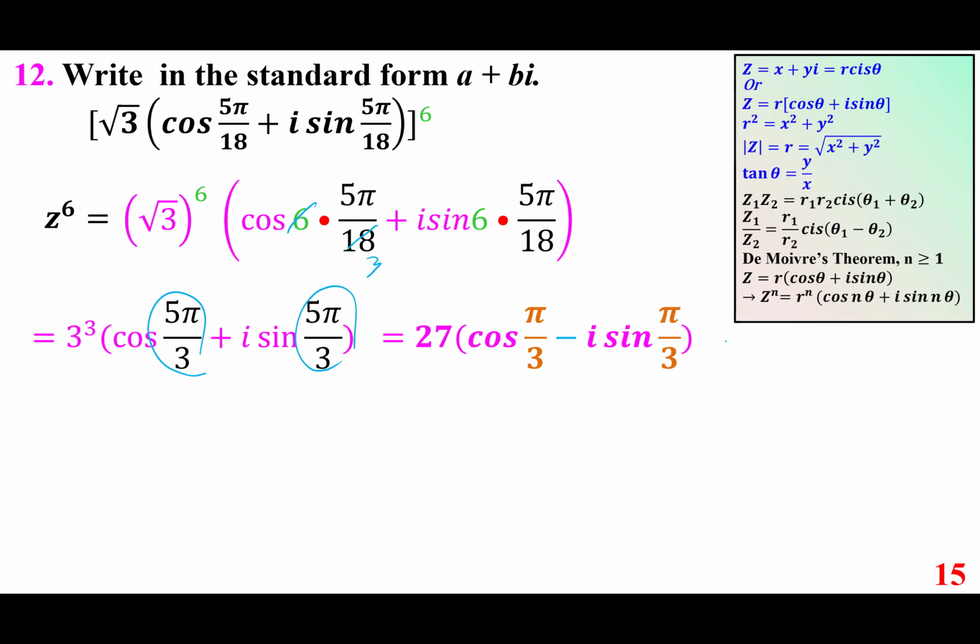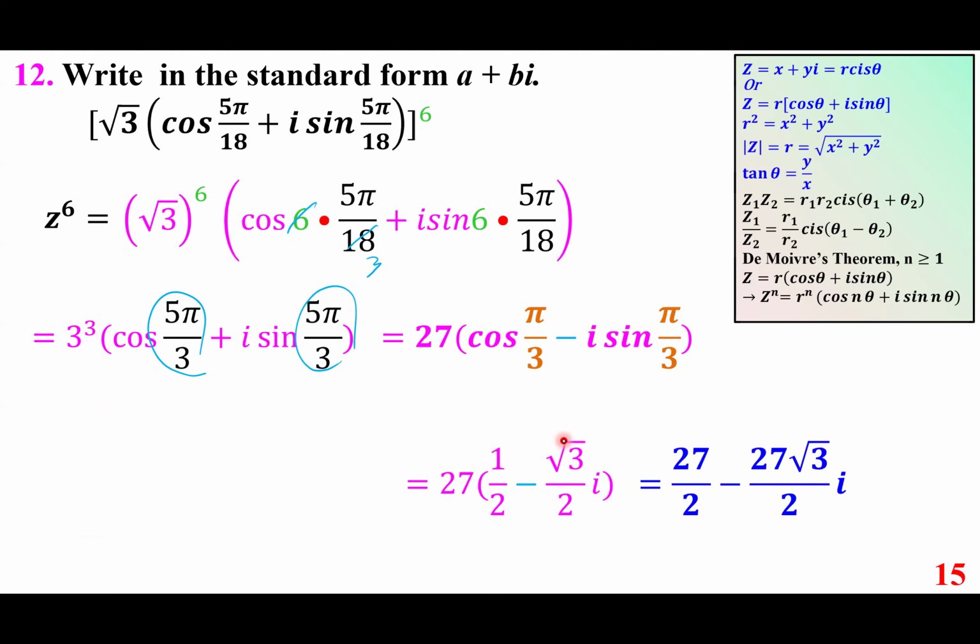Therefore, you write in this fashion. And since we want it in standard form, we are going to evaluate it. We know cosine of pi over 3 is 1/2, and sine is square root of 3 over 2, and we have a negative, so we write it and multiply by 27. This becomes 27 halves minus 27 square root of 3 over 2 i. Standard form, a plus bi, or rectangular form.